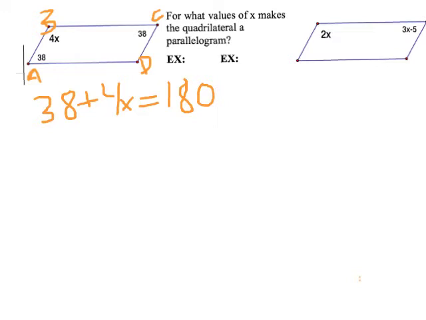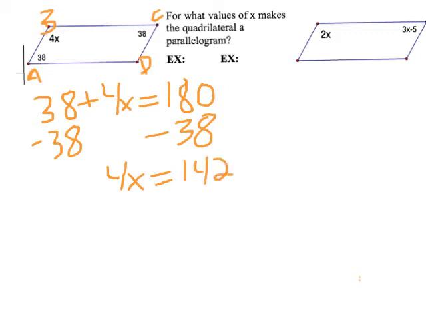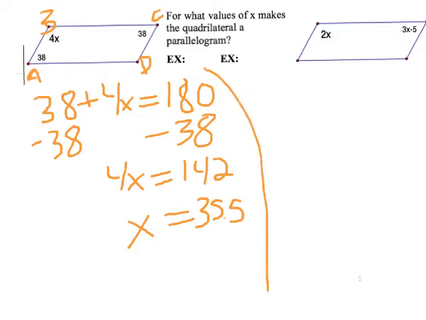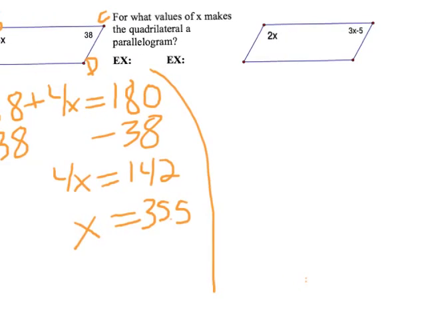Let's solve this for x. I'm going to subtract 38, and it's just a two-step equation. I get 4x equals 142, divided by 4, x equals 35.5. That's it for that one. Let's move over to this other example.